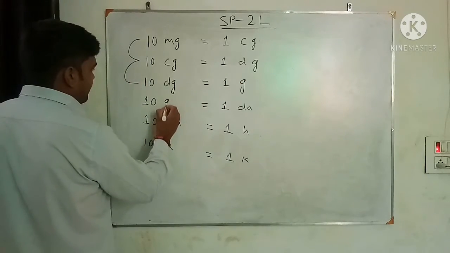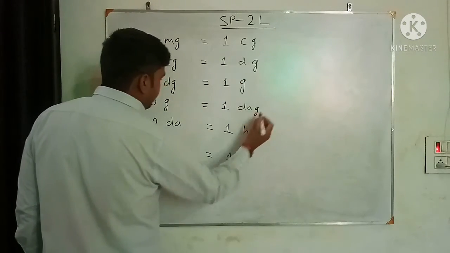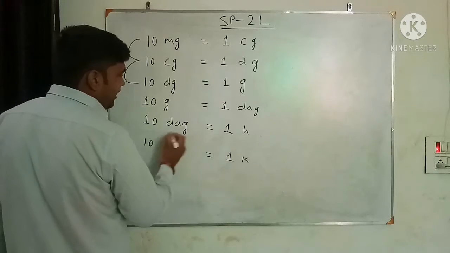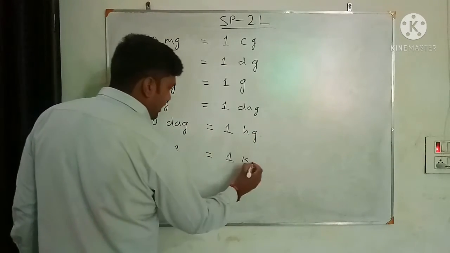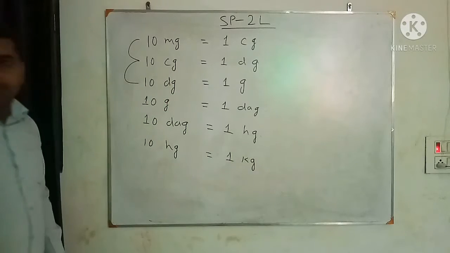Now 10 gram equals 1 decagram, dag. 10 decagram equals 1 hectogram, hg. 10 hectogram equals 1 kilogram, kg.